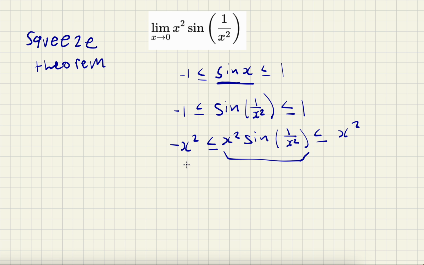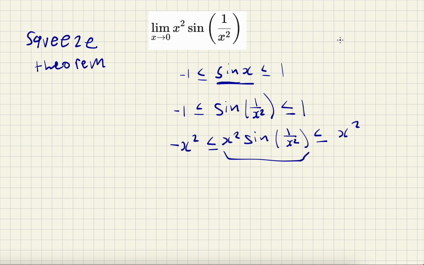And so what the squeeze theorem states is that if a function, in our case x squared sine of 1 over x squared, is in between two separate functions that have the same value when you plug in the value that x approaches, the value of the original function will be equal to the value of the limit on its left and right, or top and bottom.